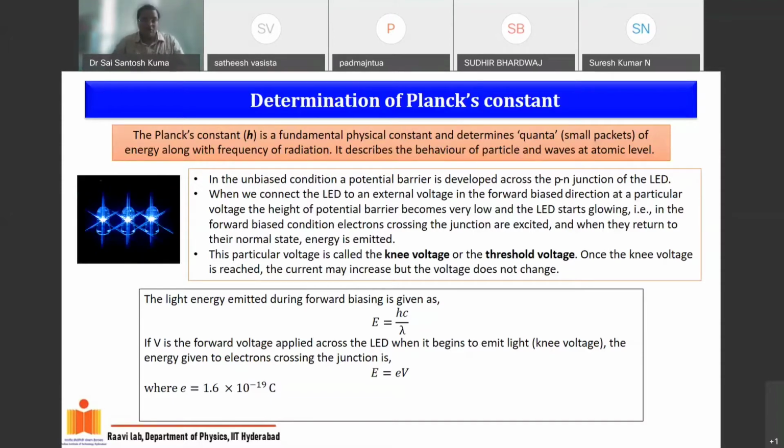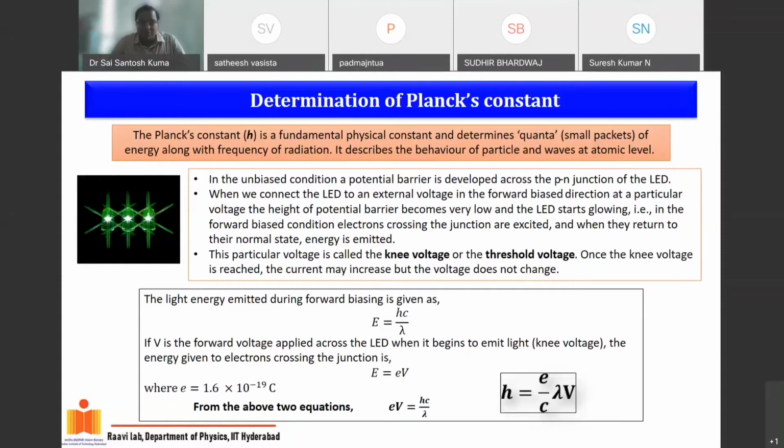Okay. And so the energy which comes out should be equal to e times V, where e is the charge and V is the forward voltage we are going to apply. Okay, so one can use these equations to get eV equal to hc by lambda, and so you can determine Planck's constant by knowing the knee voltage for a certain wavelength lambda.